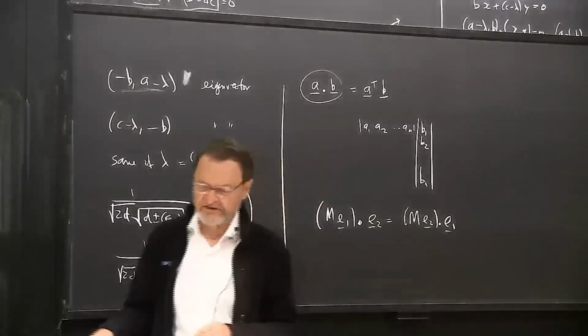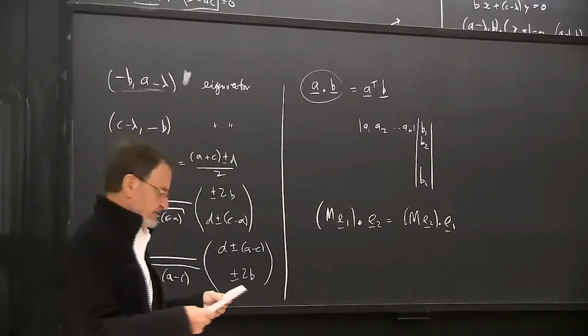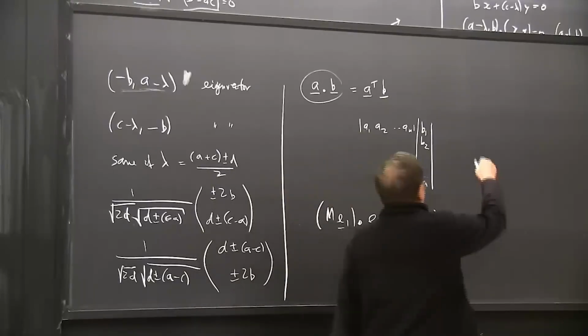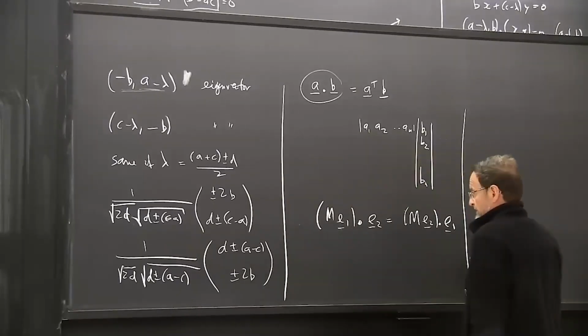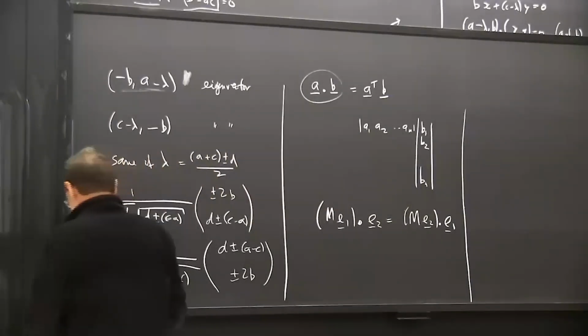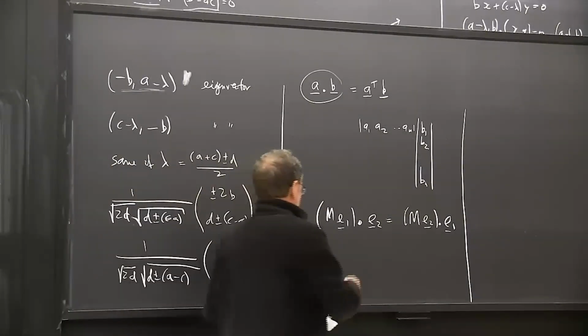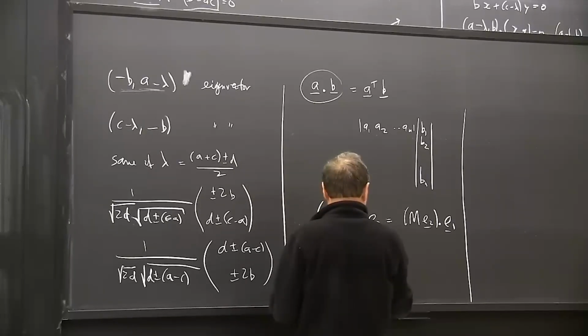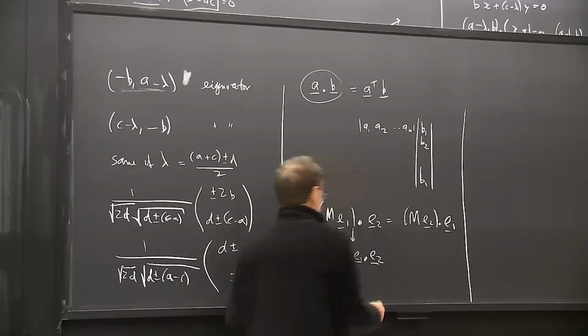Well, if that's the case, then we can show that these have to actually be orthogonal. So that's where we're going. We want to show that these eigenvectors are actually orthogonal. So let's first look at this. How do I know that?